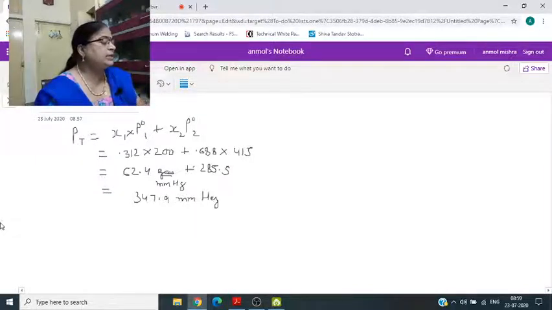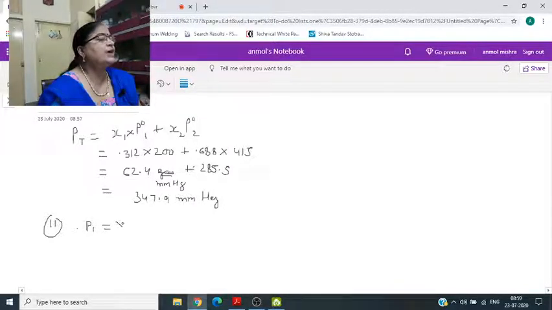Now the second part is to find out the mole fraction in vapor phase. Second part, you have to find out the mole fraction of each component in vapor phase. So we have one formula, P1 equals Y1 into P total. So for individual components Y1 will be equal to P1 by Pt.